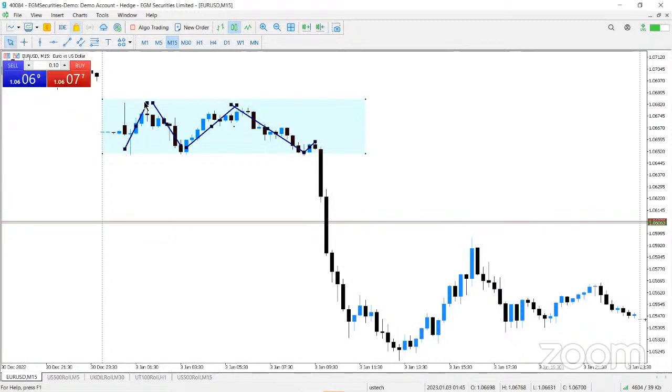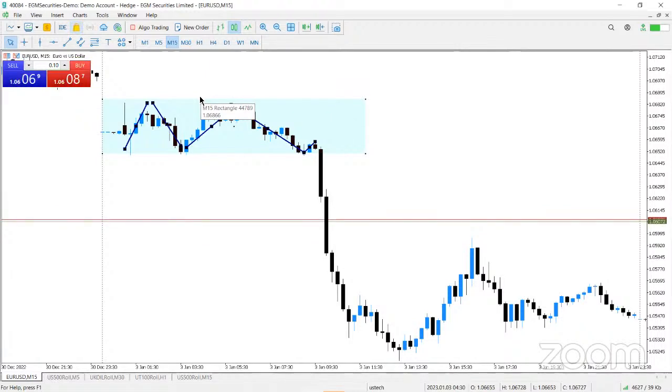So in this case, we had the market swinging higher, lower, throughout the Asian session. And if you don't have adequate knowledge in trading sessions, then I recommend you go do a bit more research on that. So in this case, we have the market swinging throughout the Asian session.